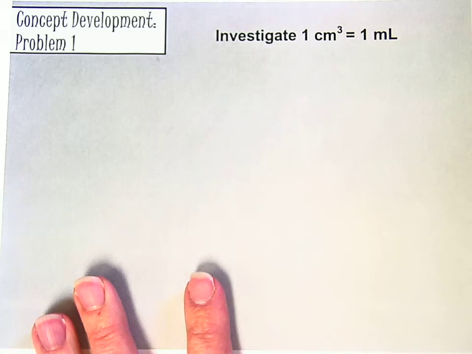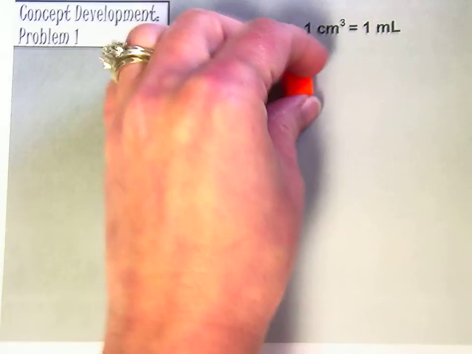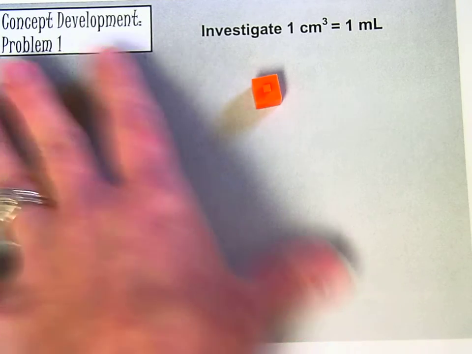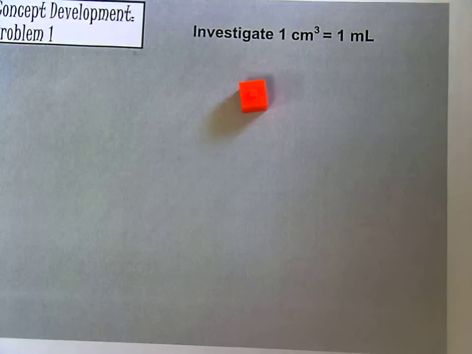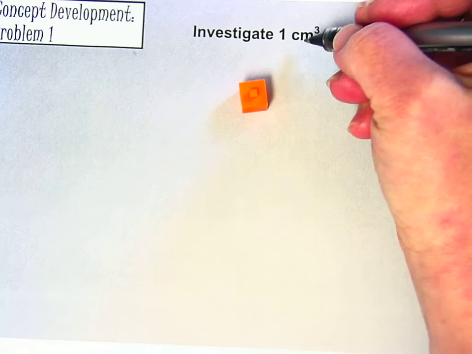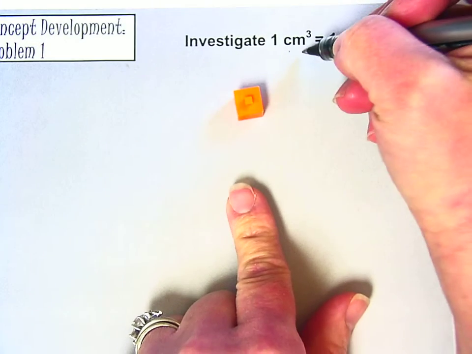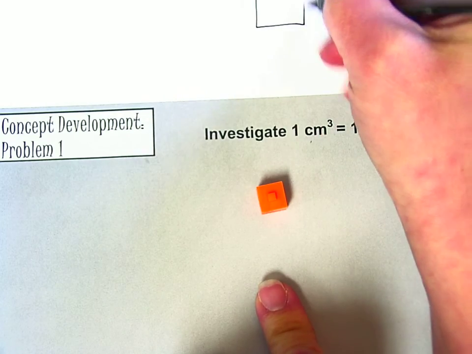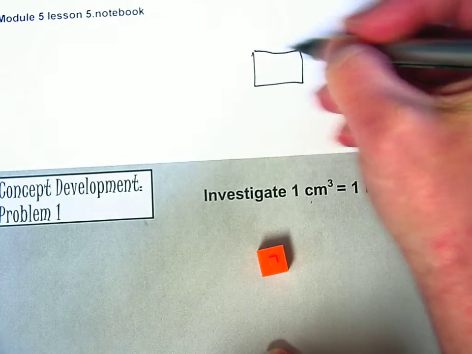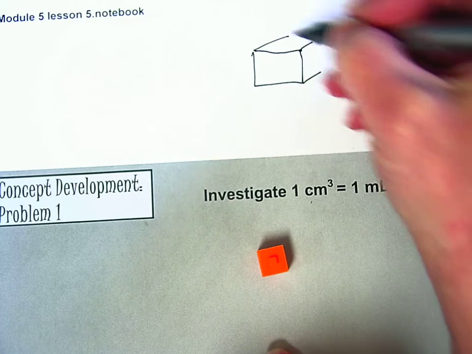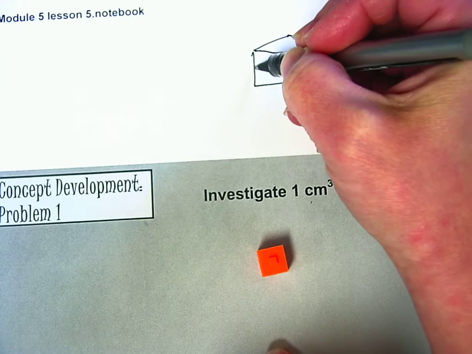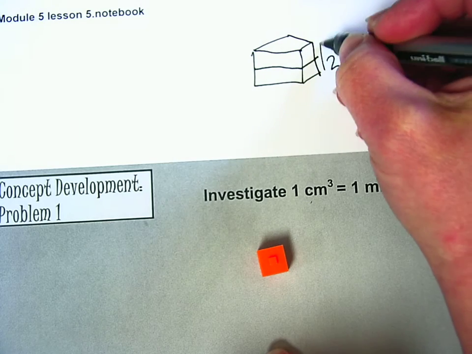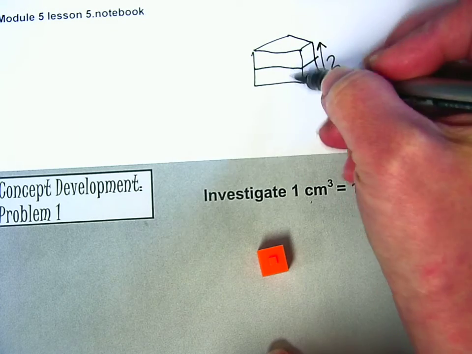So far we have been using these 1 cubic centimeter cubes, and everything that we have been measuring so far, when we put our volume, it's always been in cubic centimeters. So for example, if I had a cube and there were 2 layers, so my height was 2.